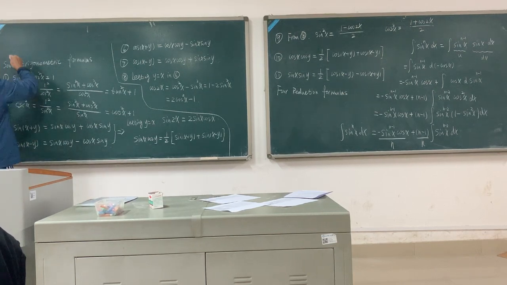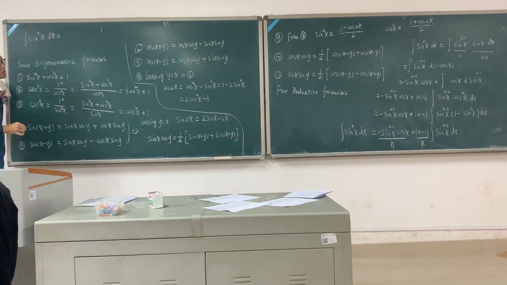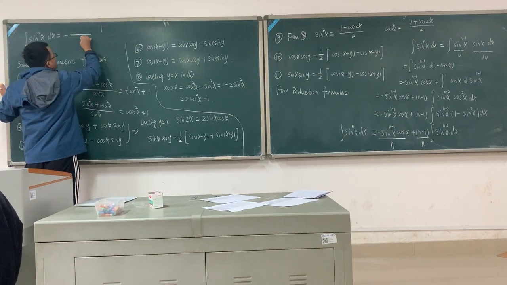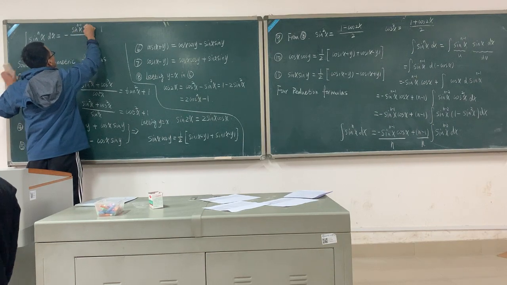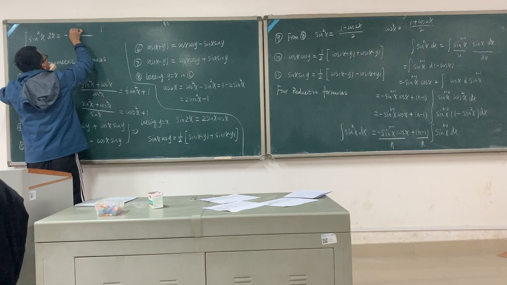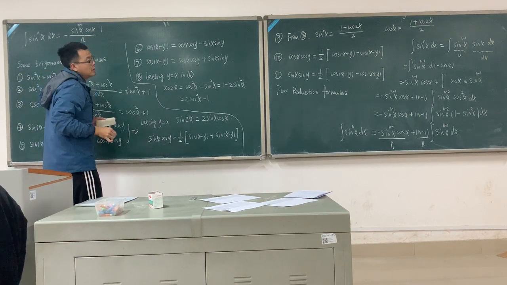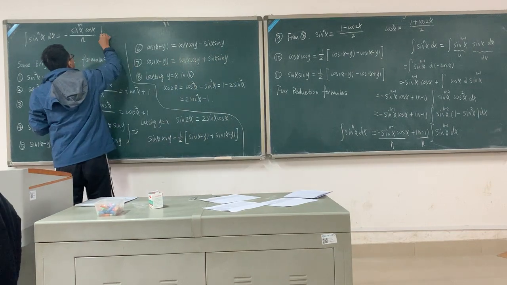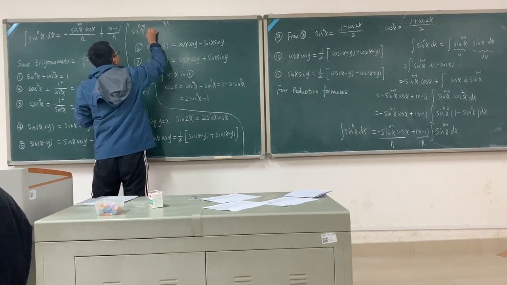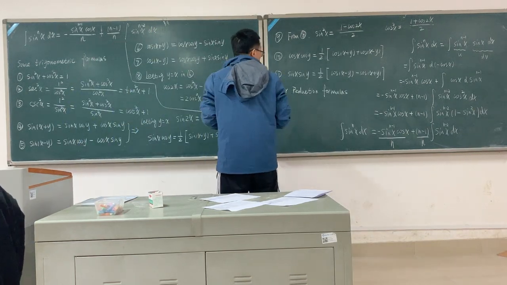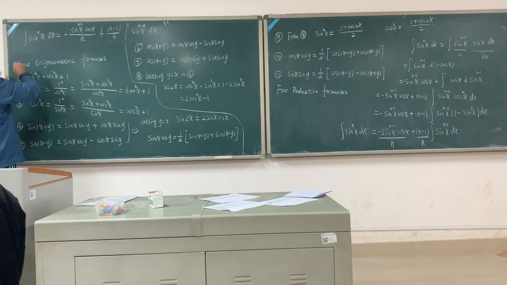The antiderivative of sin x to the nth power dx equals minus sin x to the n minus 1 power times cosine x divided by n, plus n minus 1 divided by n times the antiderivative of sin x to the n minus 2 power. So this is the first reduction formula.